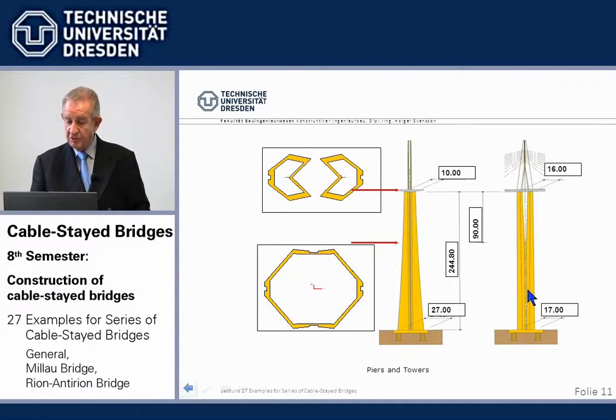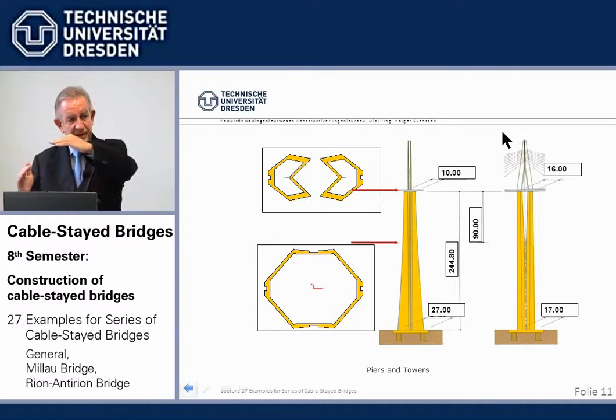And only in the lower part the force couple then becomes a bending moment. So we have stabilized the tower top by the A-frame. So it's a very stiff tower for cable loads, lateral loads.